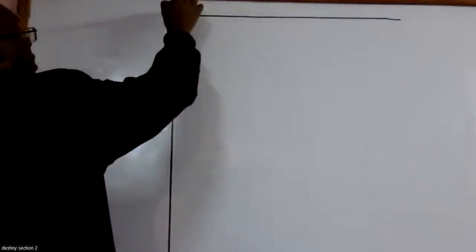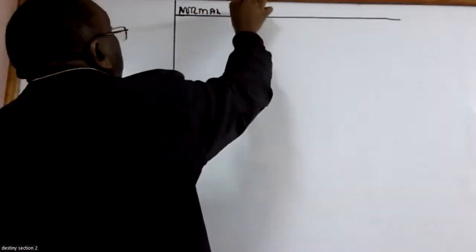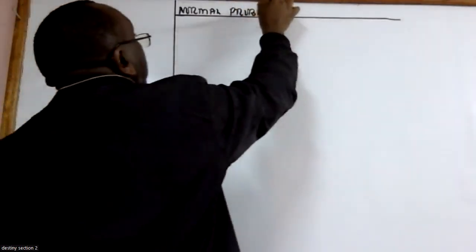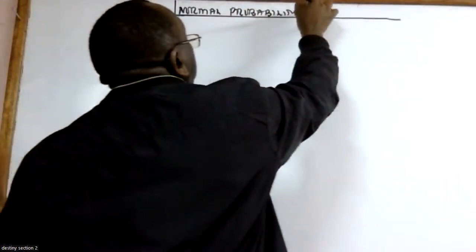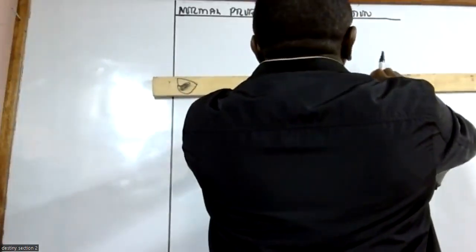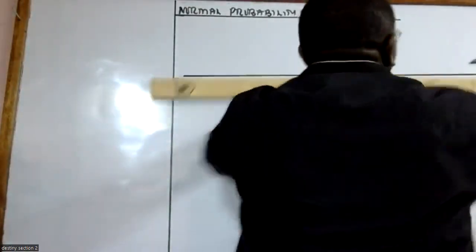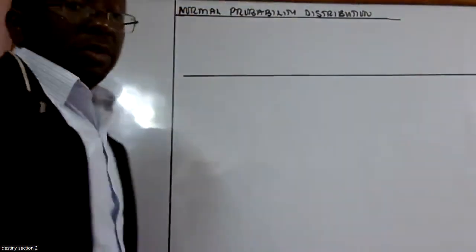So the question is on normal probability distribution. Normal probability distribution. So as usual, we normally draw a table. We draw a table.